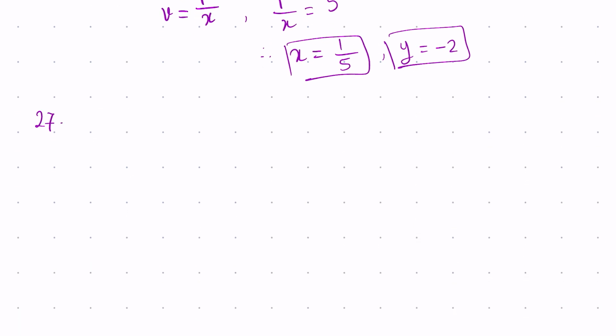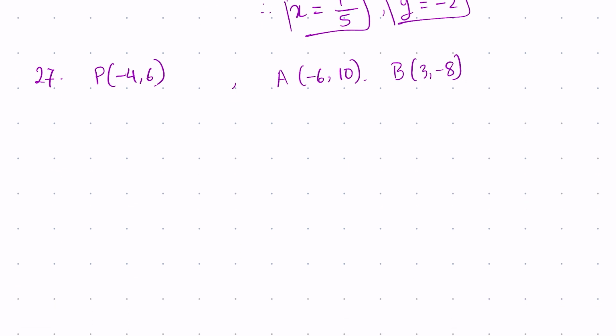What does question 27 say? In what ratio does the point P (minus 4, 6) divide the line segment joining points A (minus 6, 10) and B (3, minus 8)? So we need to find in what ratio.